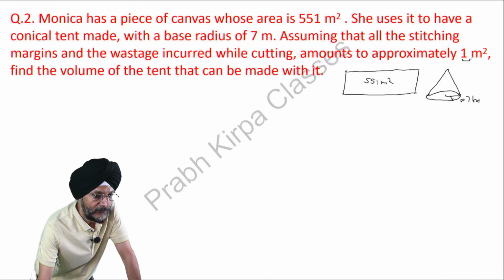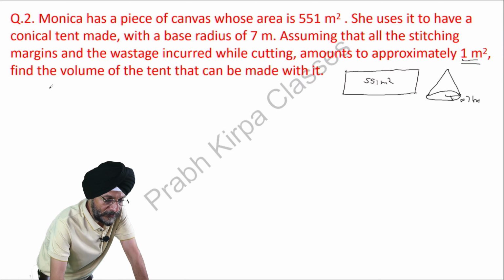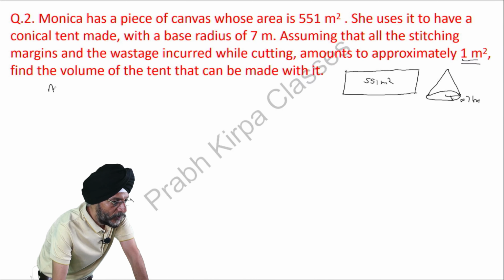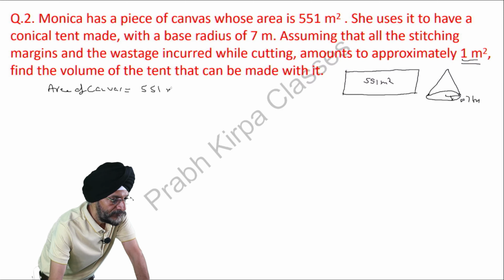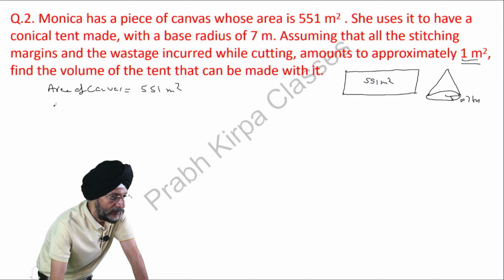So we can say that for the curved surface area of the tent, we write here, area of canvas has been given as 551 square meter.